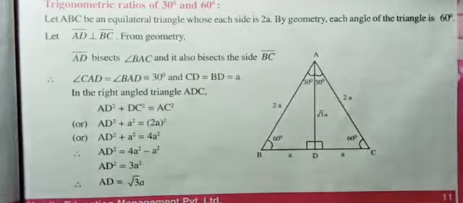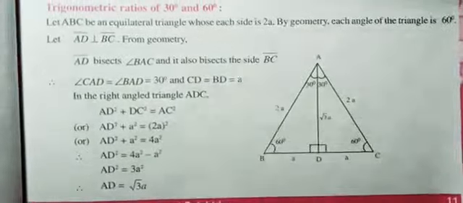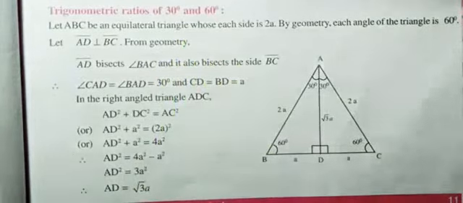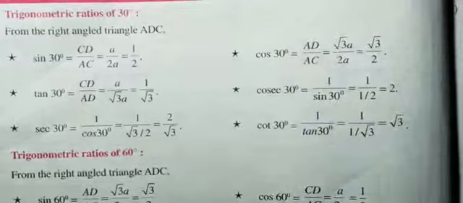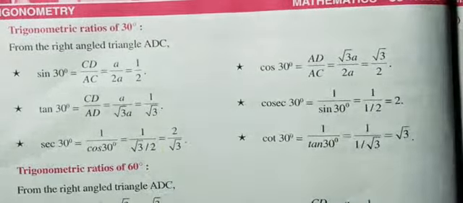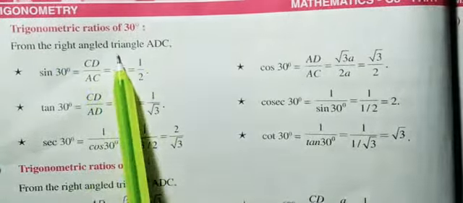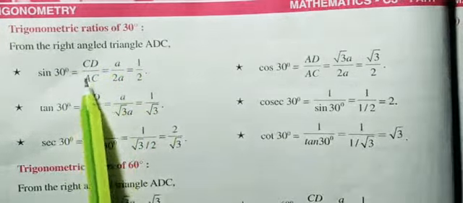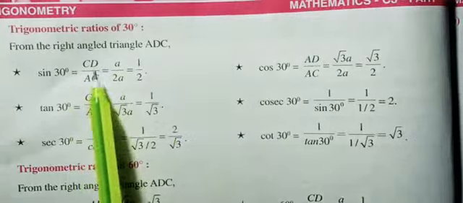So now we can find the trigonometric ratio regarding 30 degree and 60 degree. So now the trigonometric ratio of 30 degree. Now from the right angle triangle ADC, sin 30 degree is equal to CD by AC.